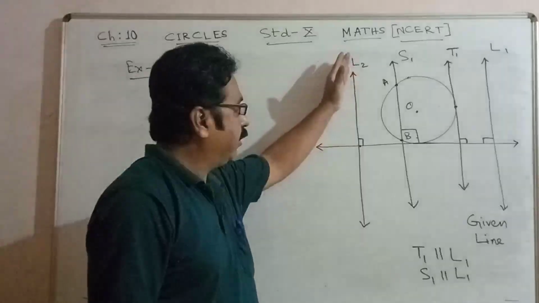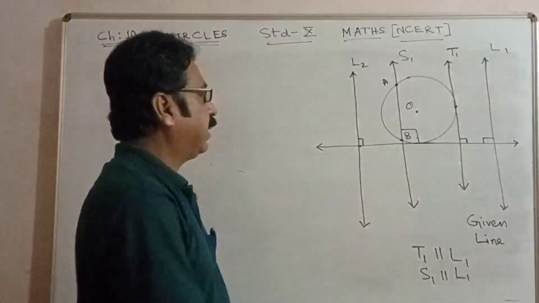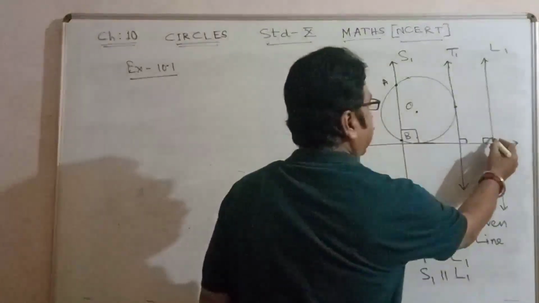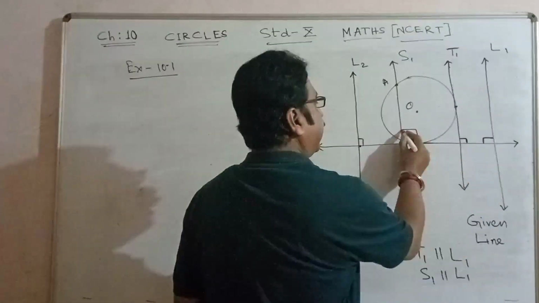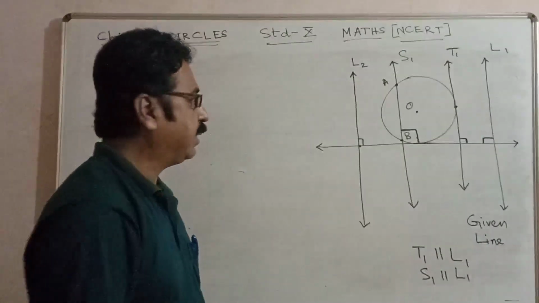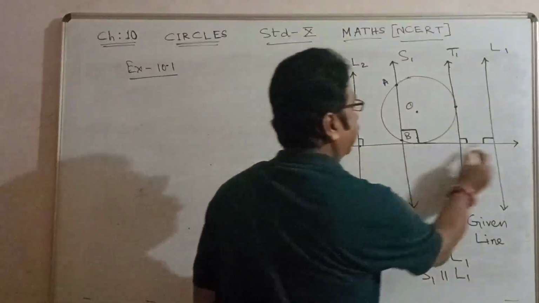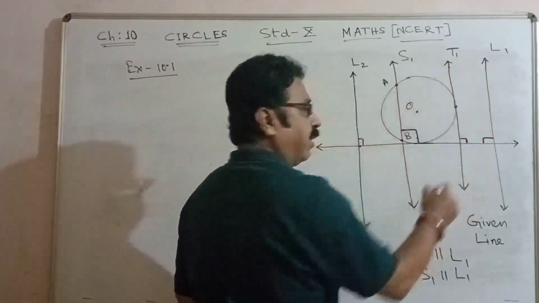If you think, you don't have to draw this line and this line also, but to show they are parallel, the sum of co-interior angles on the same side of the transversal is 180 degree, then the lines are parallel. This is the transversal, this is the given line, this is the tangent drawn.